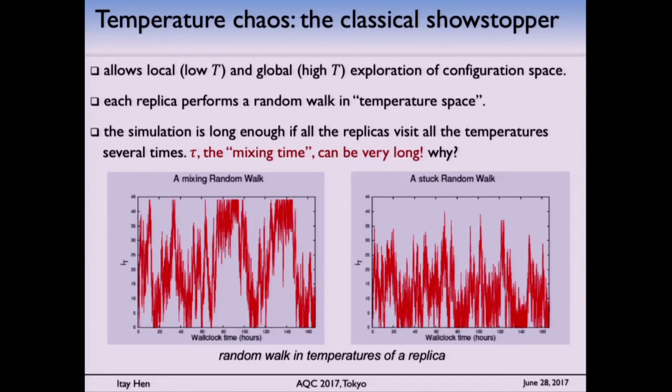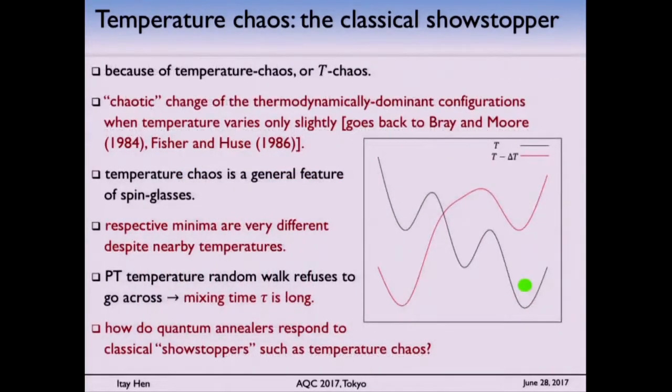Now, why is that? I showed you that the replicas cannot go across certain barriers, but why? This is attributed to temperature chaos, or T chaos.